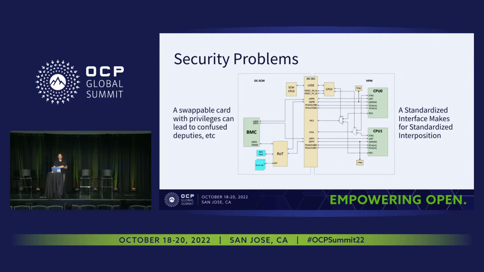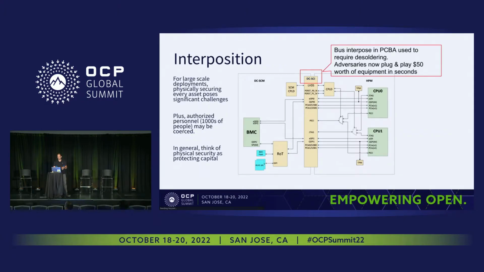The other family of problems is that this card has a lot of privileges, right? It's running the BMC, it's running the platform root of trust, it may have TPMs. So it can, and it's swappable. So you can put it here, and then you can take it there, and you can mount confused deputies attacks that way. So let's double click on the problems, right?